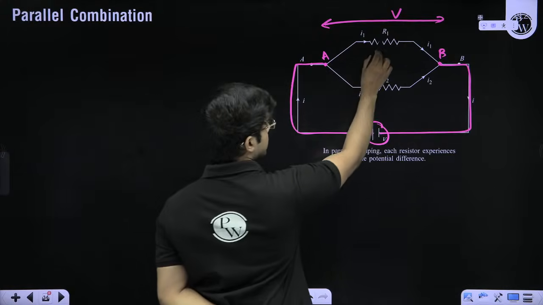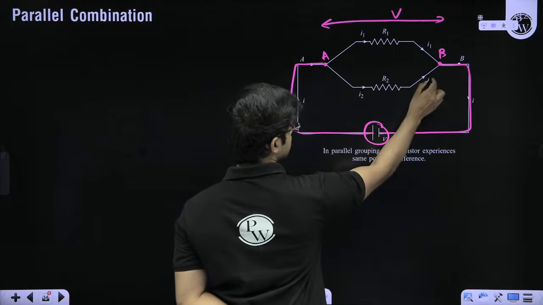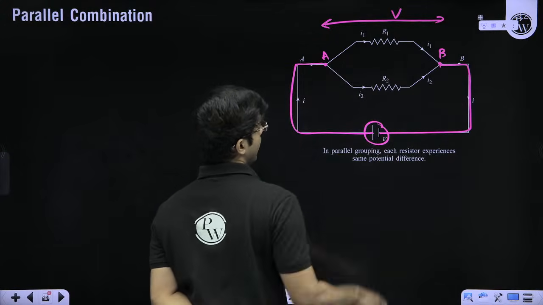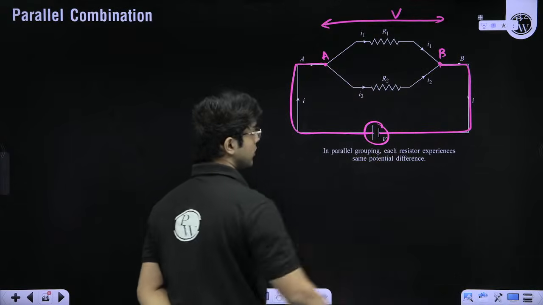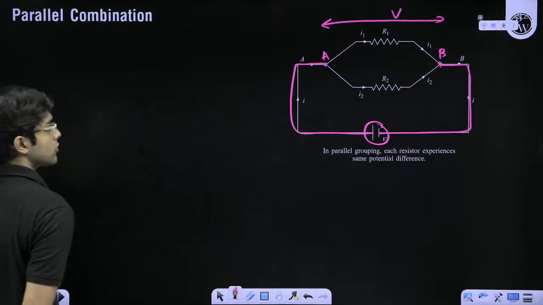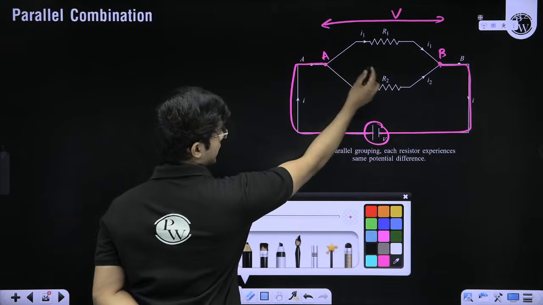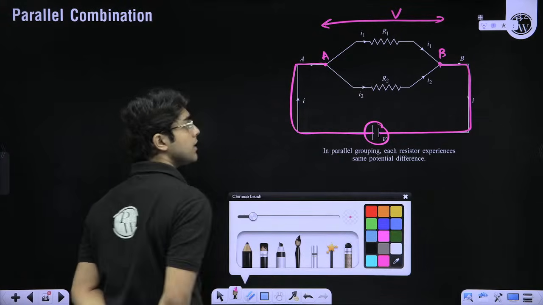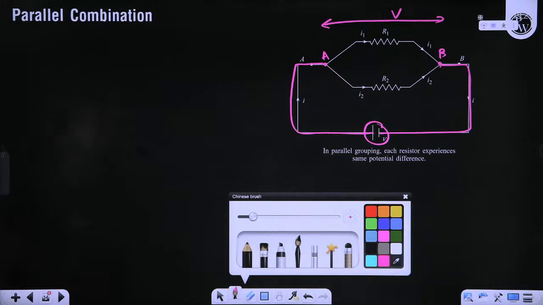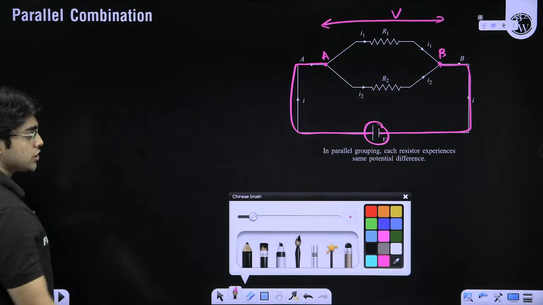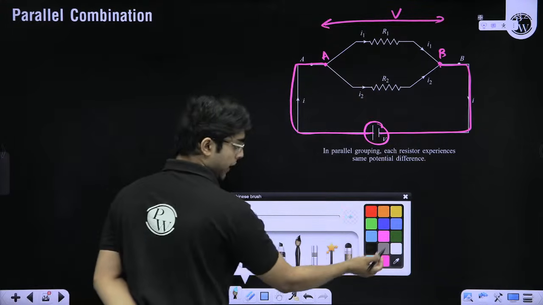Now R1 has a potential difference of V, and R2 also has a potential difference of V because they are connected between the same points A and B. So their potential differences are the same in a parallel combination.